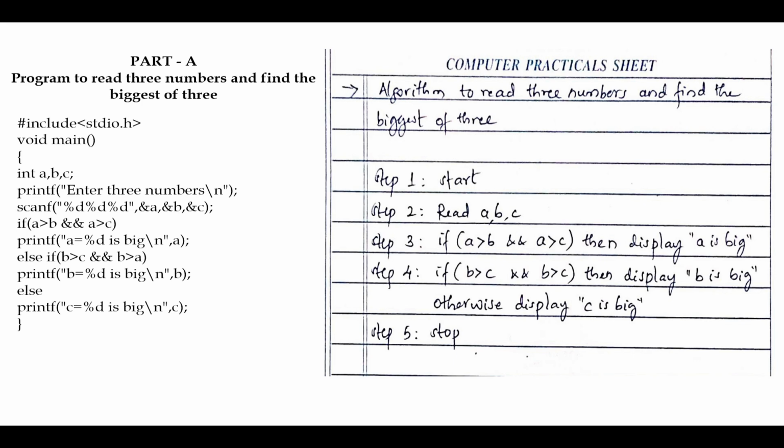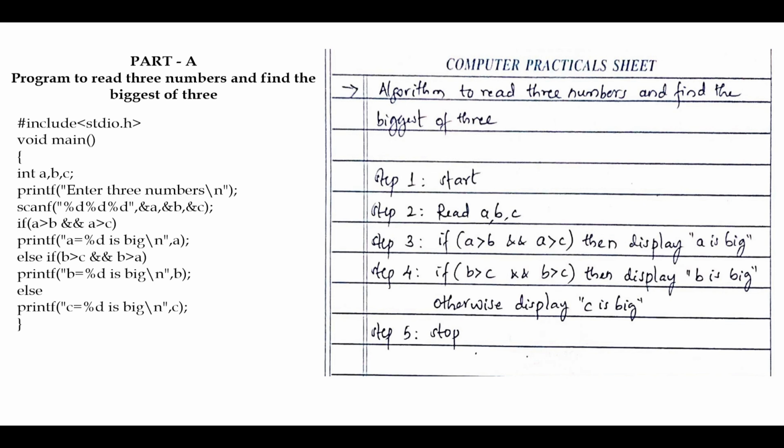Okay, for this we are going to write the algorithm. On the right side you can see step 1 is start, and we read 3 numbers A, B, C. Once we get the 3 numbers, we directly check the condition. If A greater than B and A greater than C, then we display A is big.